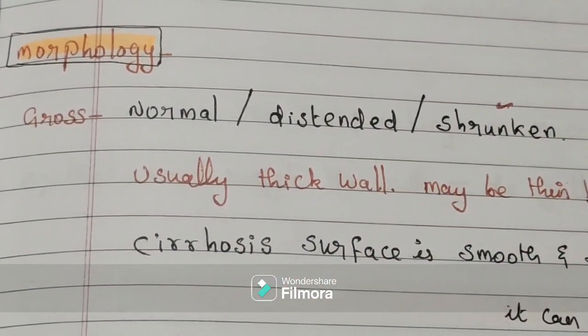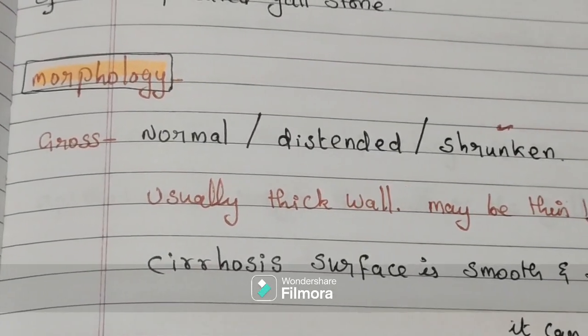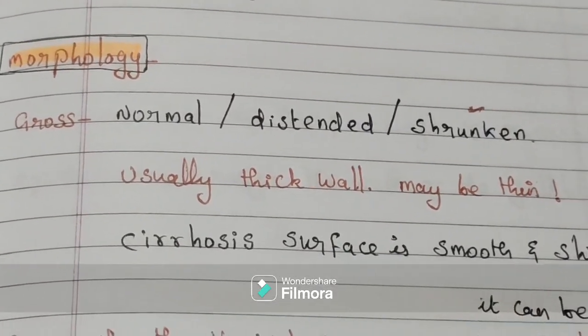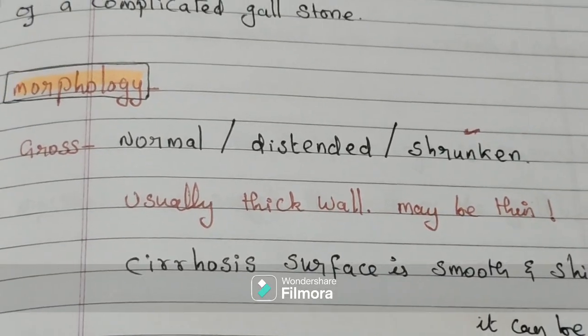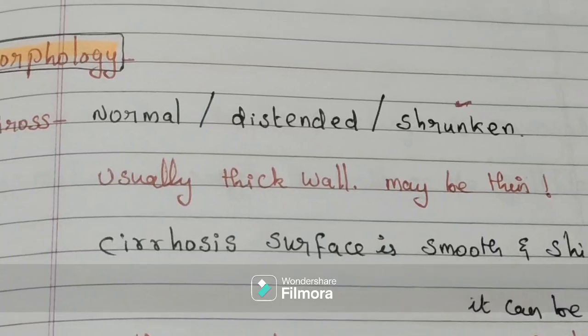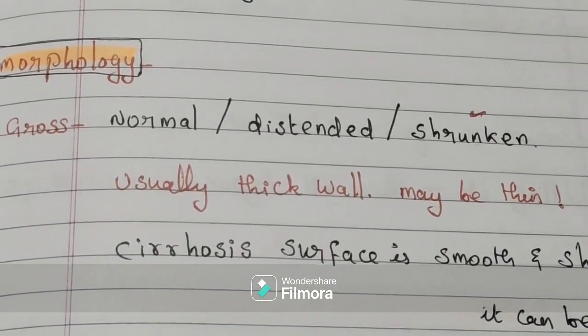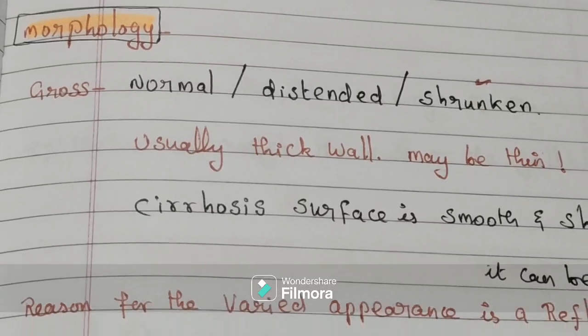The morphology of chronic cholecystitis. Grossly, the gallbladder can be normal in size, or it can be distended, or it can be contracted. But most often it is contracted. Usually it will have a thick wall, but sometimes it can be thin.